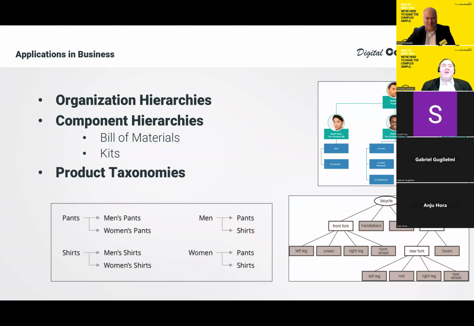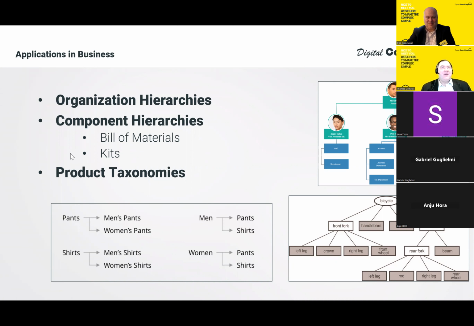When we talk about an enterprise taxonomy, there's basically a few different kinds of things that we look at, right? So sometimes we have organizational hierarchies. There's the standard org chart, which we have an example of in the picture here.